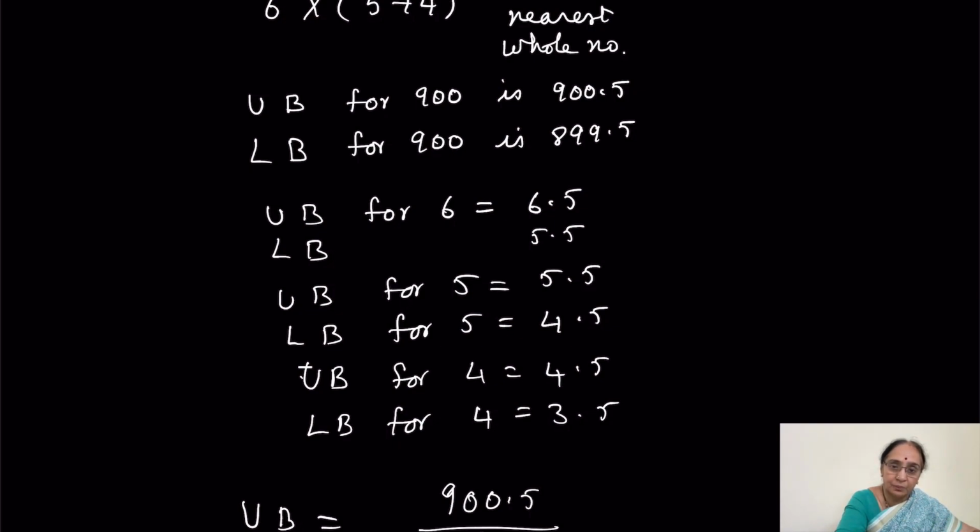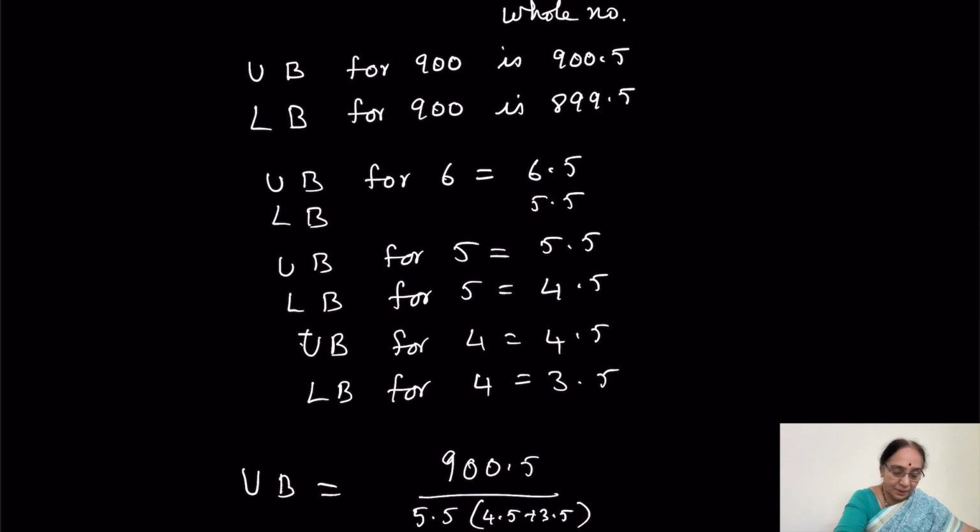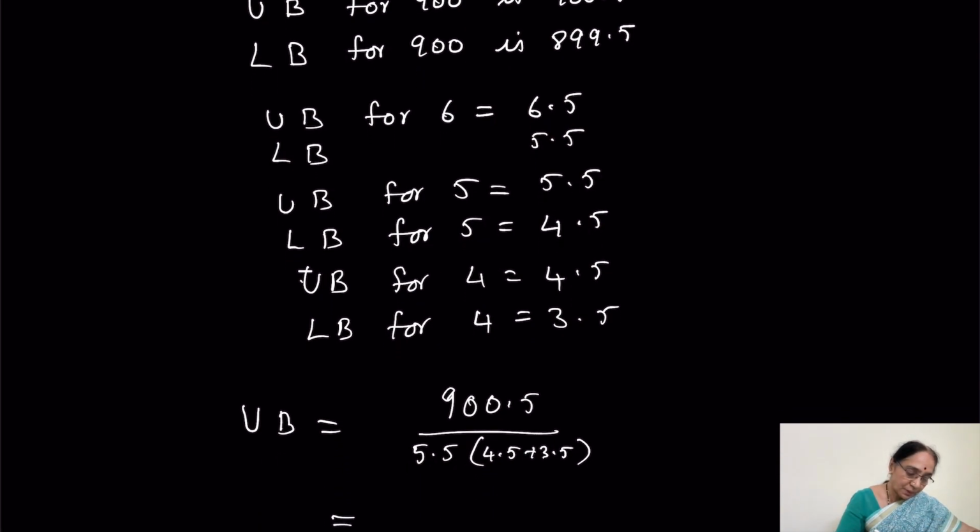I am making the denominator smaller so that the value of the fraction will be the larger value. So now I have 900.5 divided by 5.5 times 8. Whatever that answer is, that gives me the upper bound.